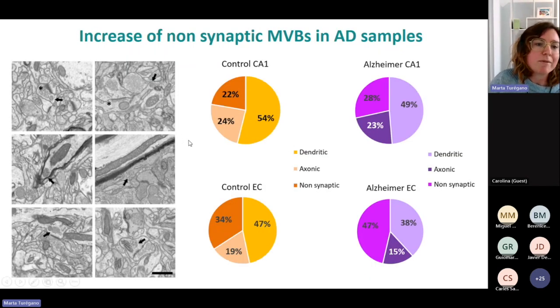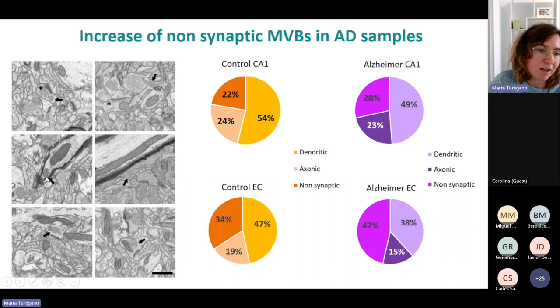And as I said before, we can identify where the multivesicular bodies are located. Here I have an example of electron microscopy images. These are from mice, but it's only to show you how the multivesicular bodies could be located in the terminals of excitatory and inhibitory synapses.